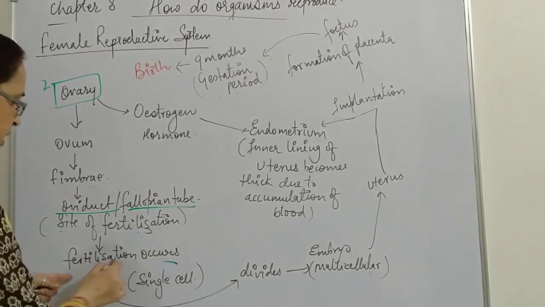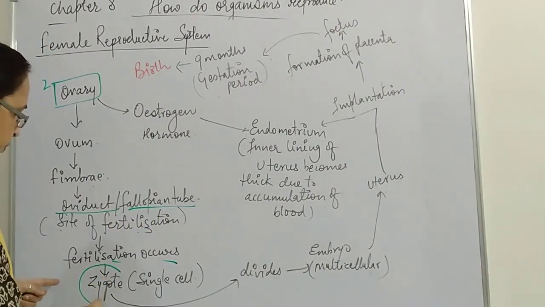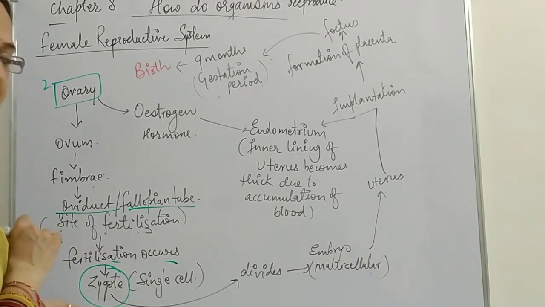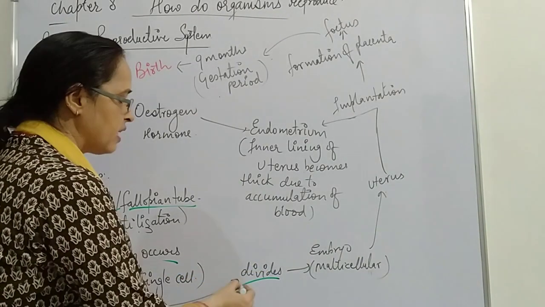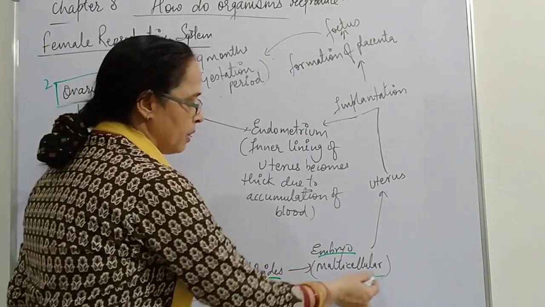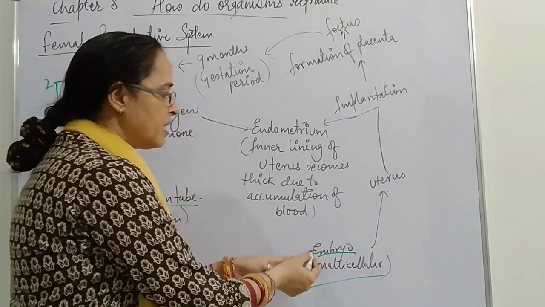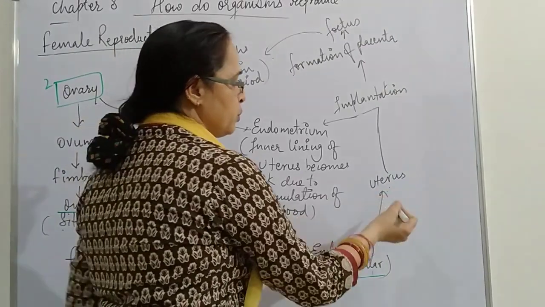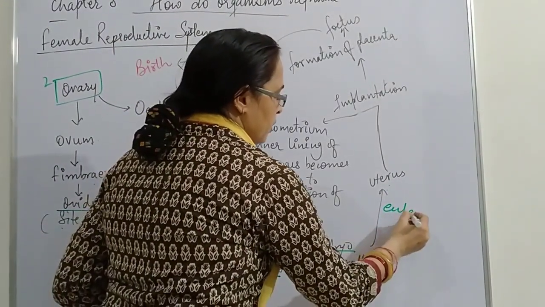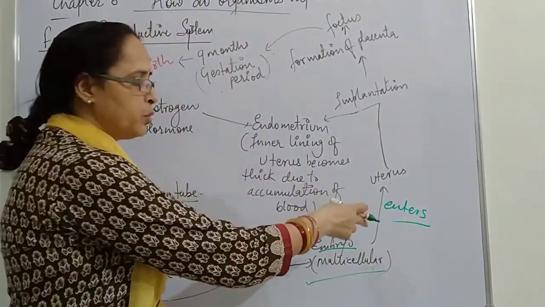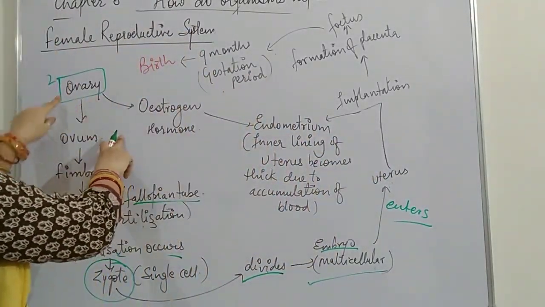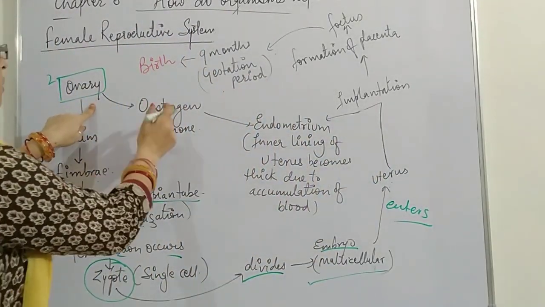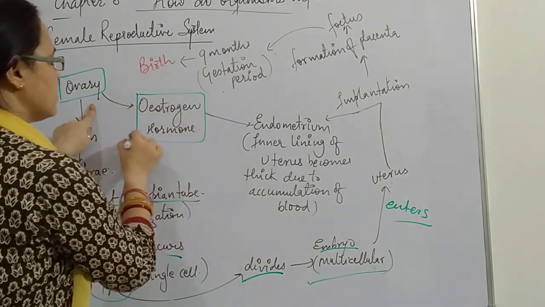After fertilization, the zygote is formed. The zygote is a single-cell structure. It divides and forms the embryo, which is a multicellular structure. This embryo enters the uterus. Simultaneously, when the ovum is released, the ovary releases a hormone called estrogen.